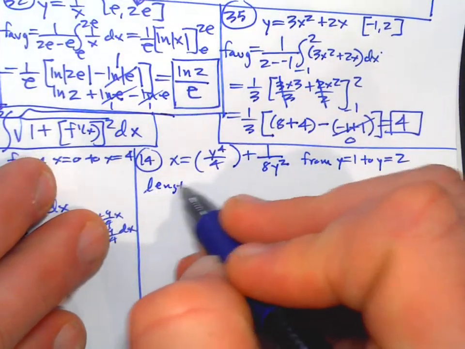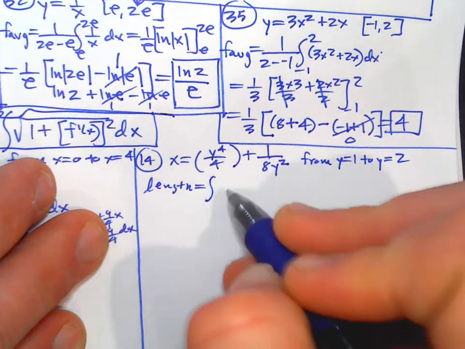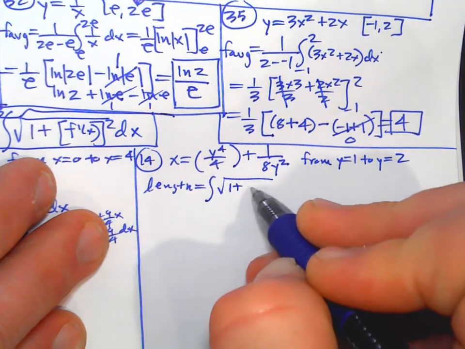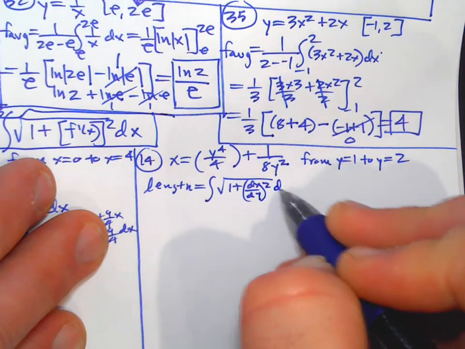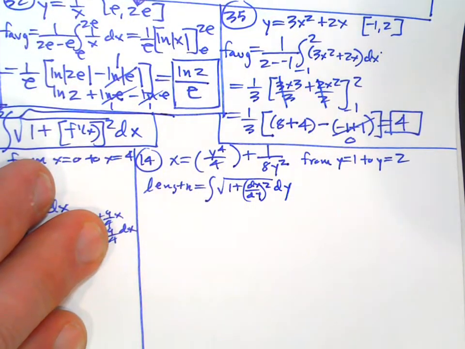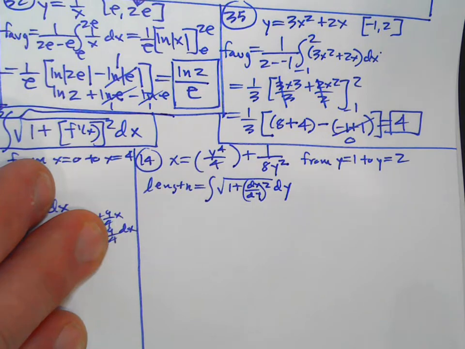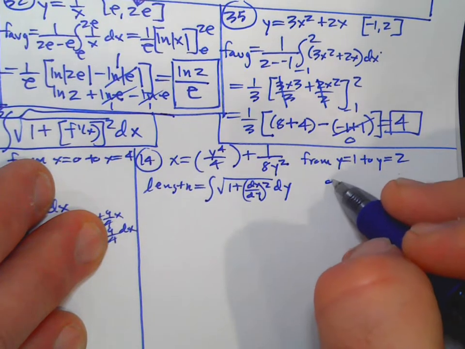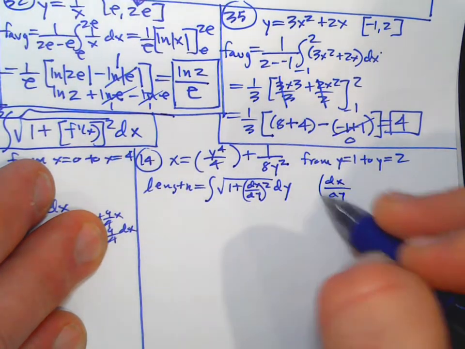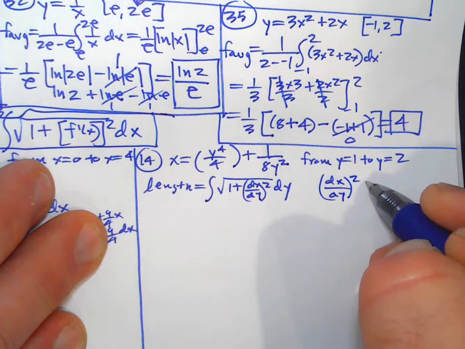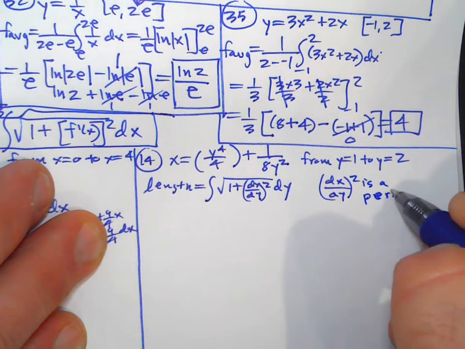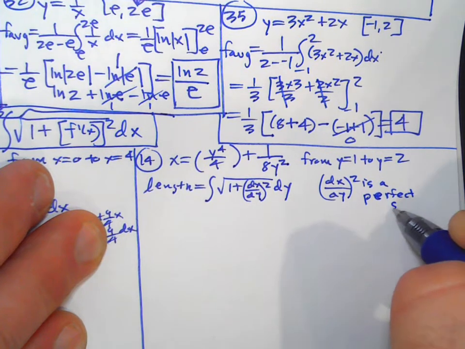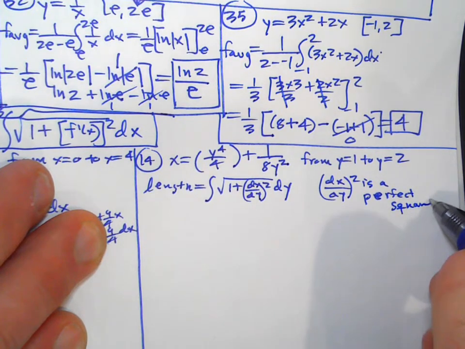The formula should probably be the integral of the square root of 1 plus (dx/dy) squared, dy. I'm going to do it with respect to y. And they hint that (dx/dy) squared is a perfect square, meaning that probably makes it easier.